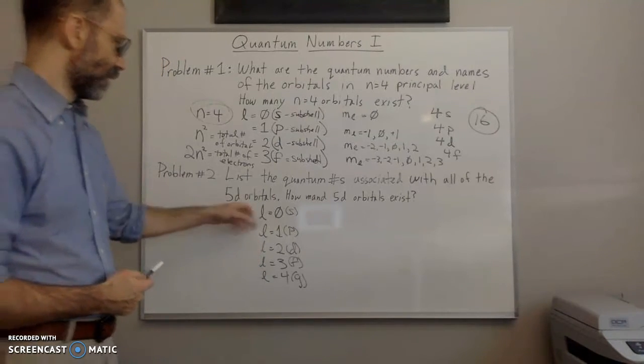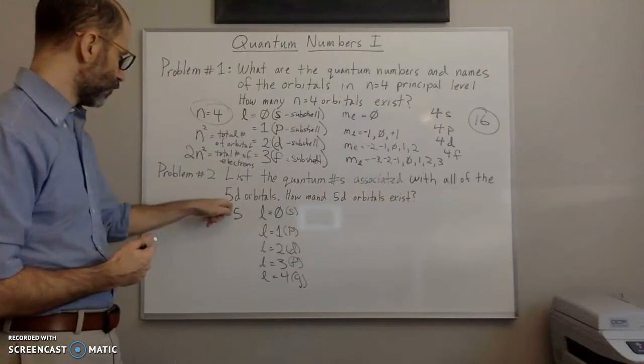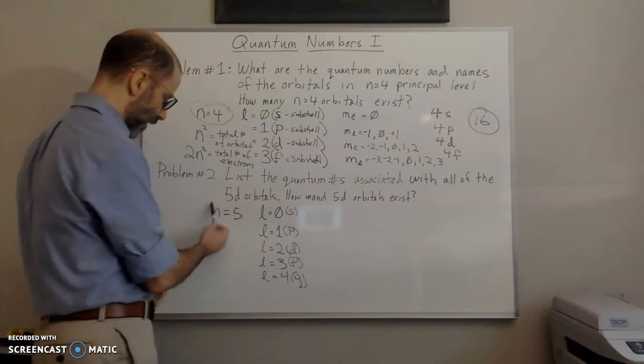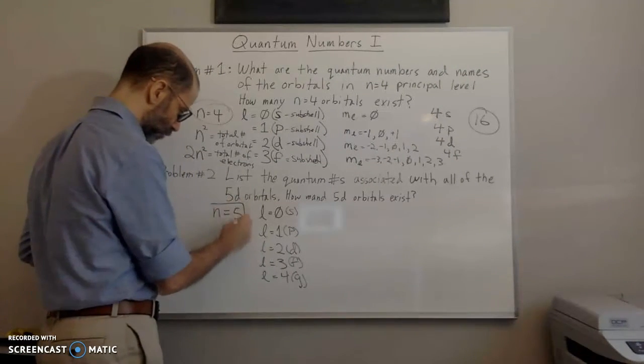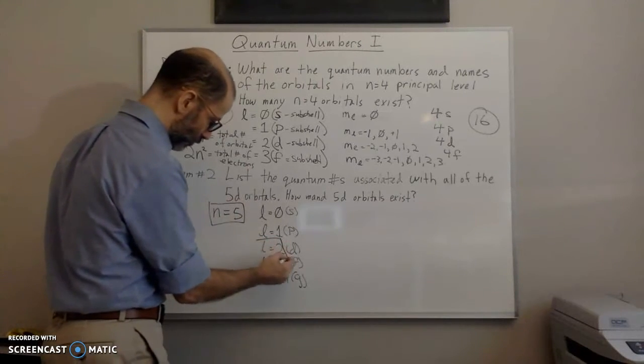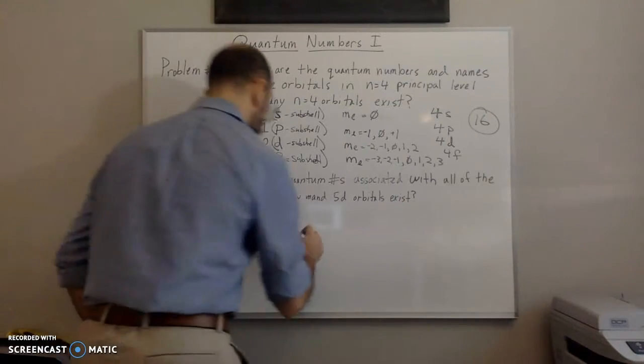So then the question is, what are the quantum numbers associated with all of the 5d orbitals? Well, that's going to be n equals 5, right? That's 1. And since we're interested in the d, it's going to be L equals 2. That's another one. And then what about the m sub L values?